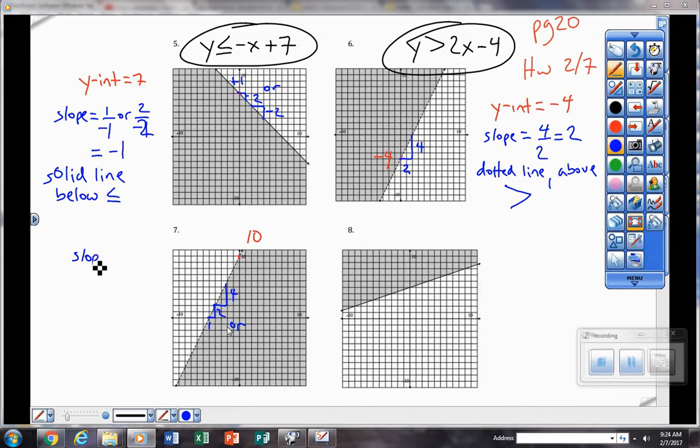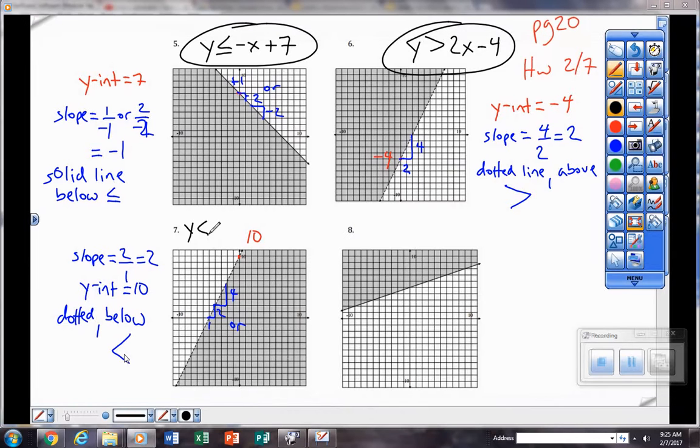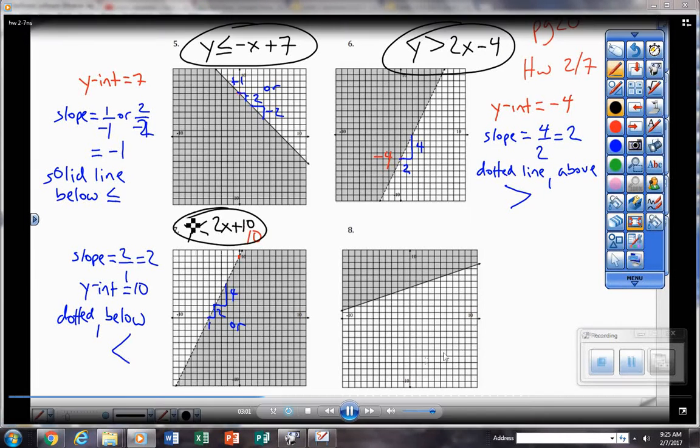It is a plain dotted inequality, so my inequality will be missing that little line under it. It is below, so that is the less than direction, which looks the most like a capital L to me. So that is y less than 2x plus 10.